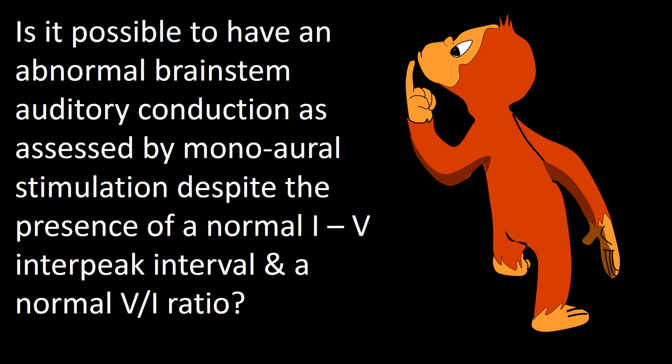A question worth asking at this point is the following. Is it possible to have an abnormal brainstem auditory conduction despite a normal 1 to 5 interpeak interval, which includes synchrony between right and left side, and also having a normal 5 to 1 ratio?